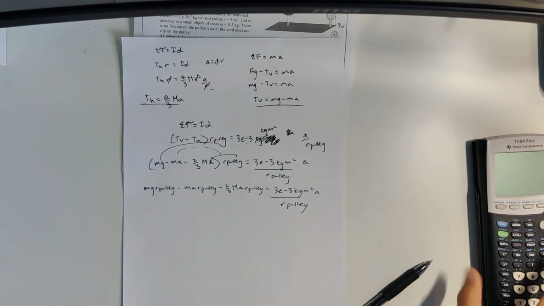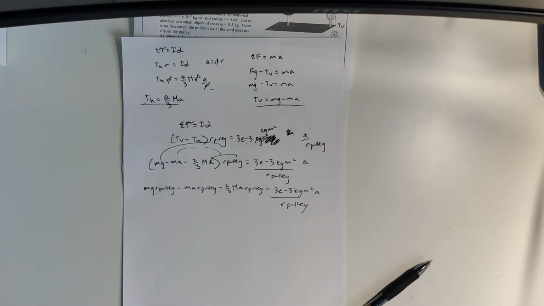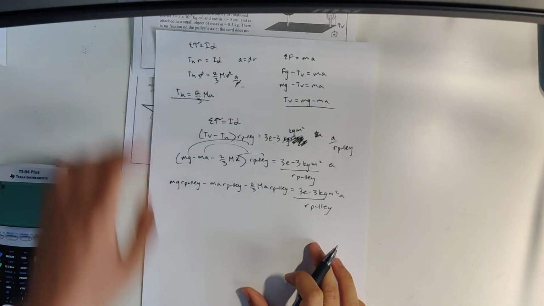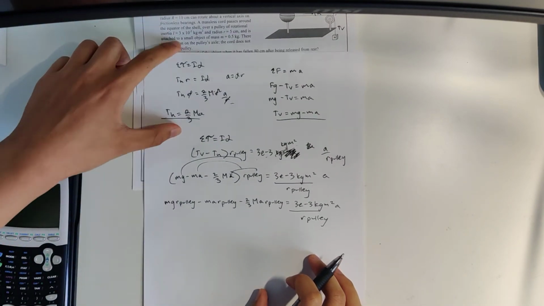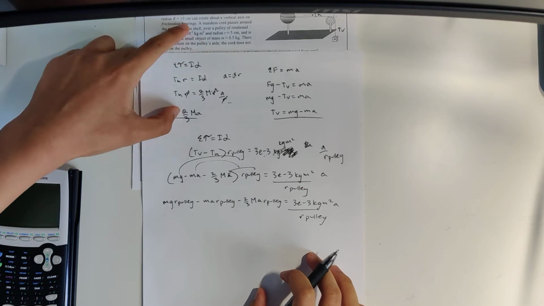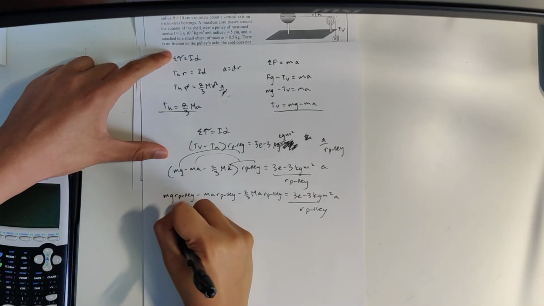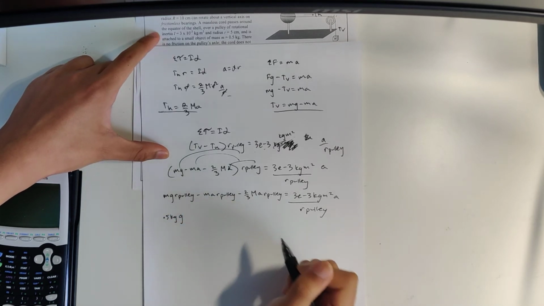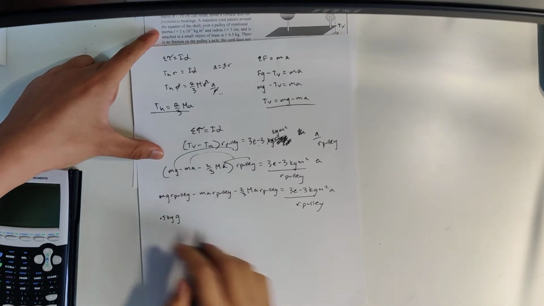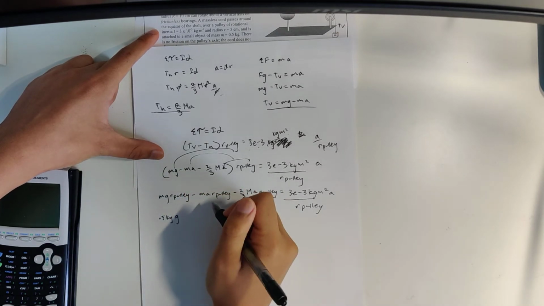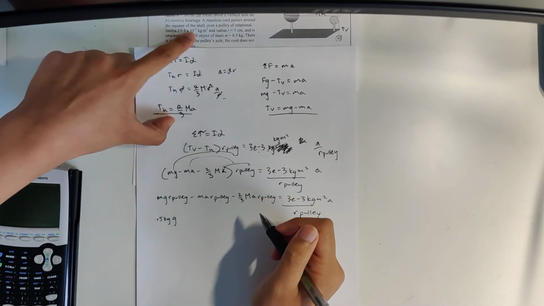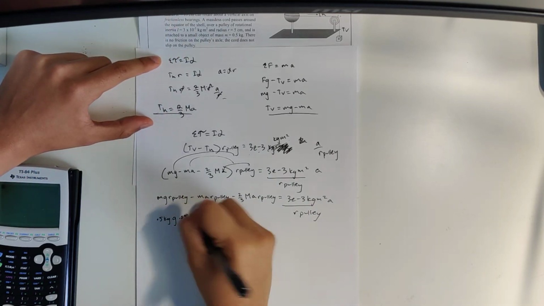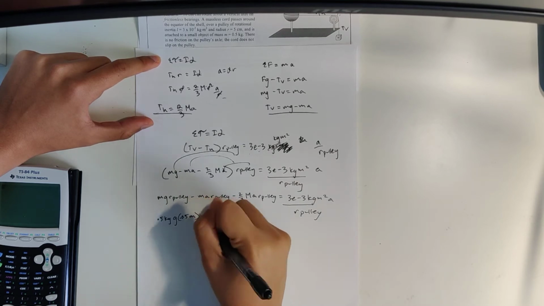At this point, I would start plugging in numbers that you can. So your mass right here, let me see what it was. Your small mass is 0.5 kilograms times your gravity times your R pulley, which is 5 centimeters, 0.05 meters, convert.